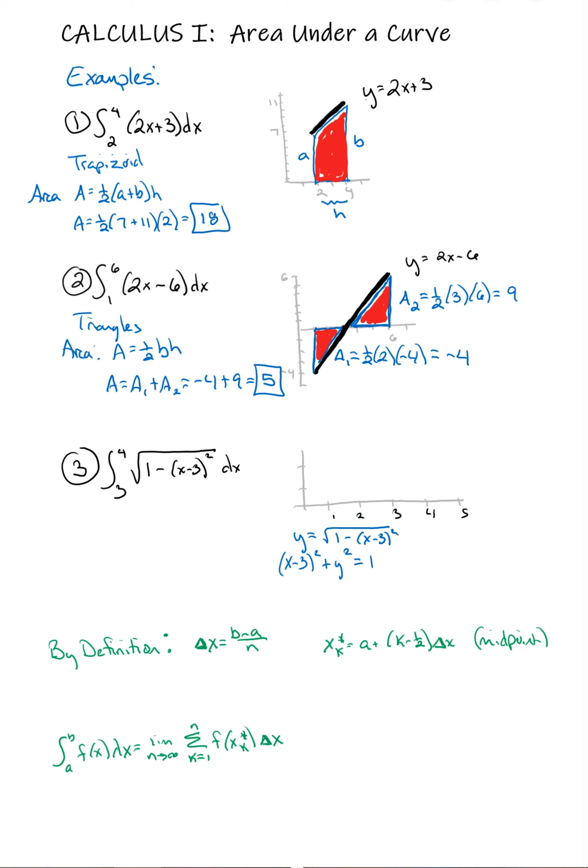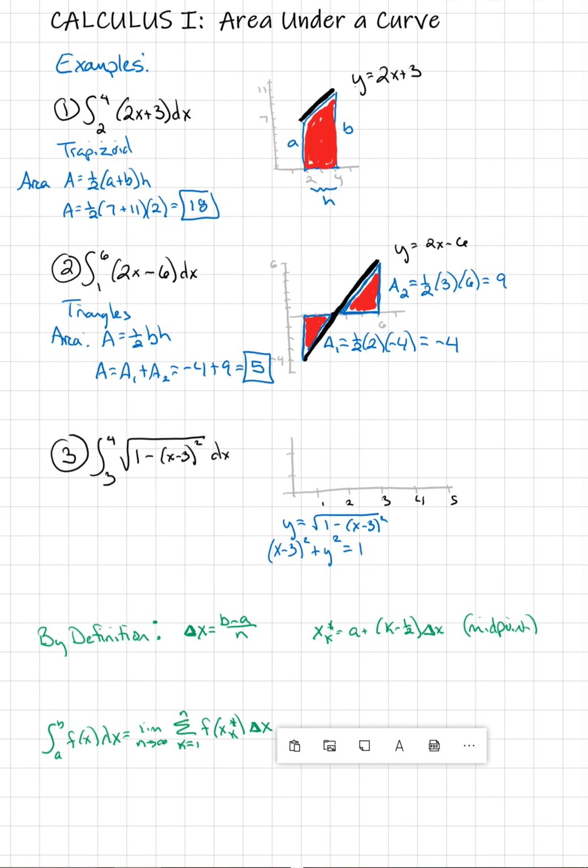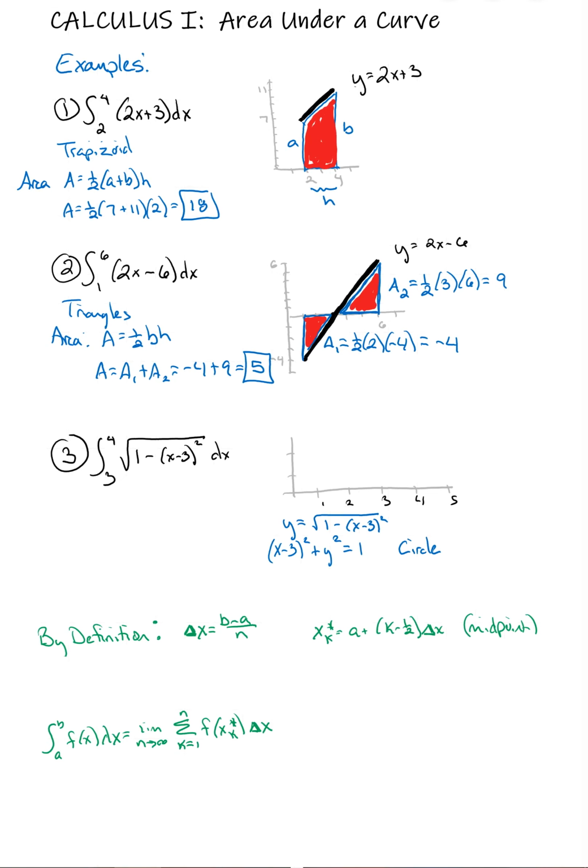Now this should be somewhat familiar to you. This is a circle, and it is centered at 3, 0, and it has a radius of 1.